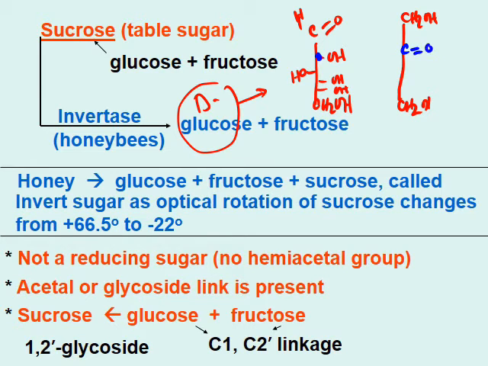So that's C double bond O. Let me highlight this. The rest would be the same as glucose. So it'd be OH, then two OHs on the right, and that gives fructose. So that's D. Let me write down here D-fructose.